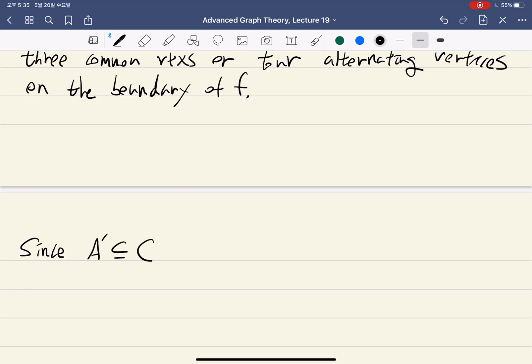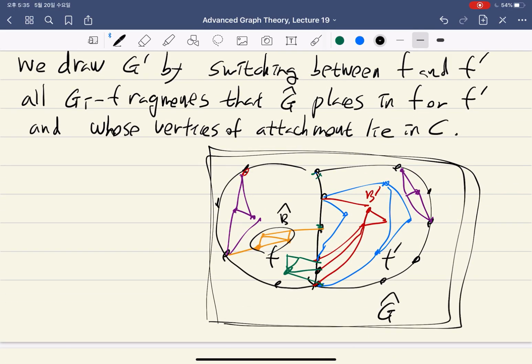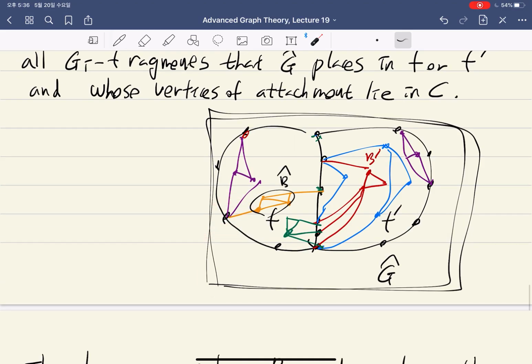We know A prime lies in C, but A hat does not lie in C. Because again, what we switch here are all the ones whose vertices of attachment lie in C. So B prime also has these vertices of attachment which lie in C. But here we didn't move it to the other side, meaning that it has at least one vertex which is not in C.